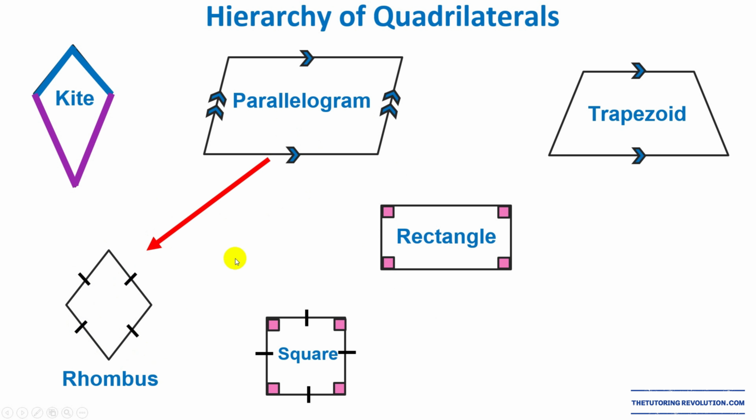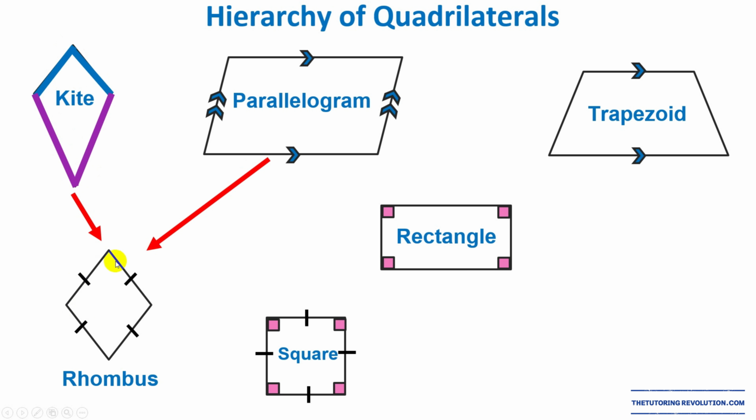Opposite sides are parallel and congruent. But the rhombus is also a kite, because according to the definition of a kite, there are 2 pairs of congruent sides, and one of the diagonals divides the kite into mirror images. And that happens with the rhombus.